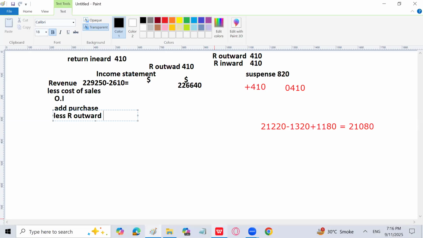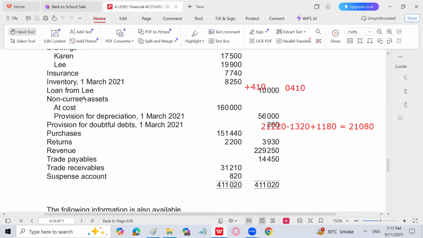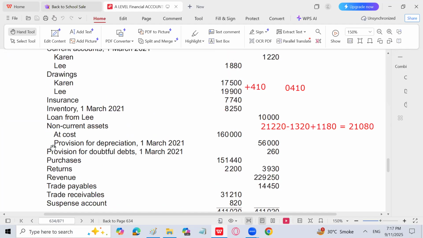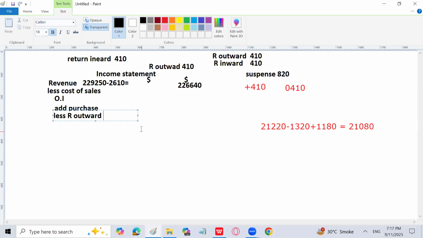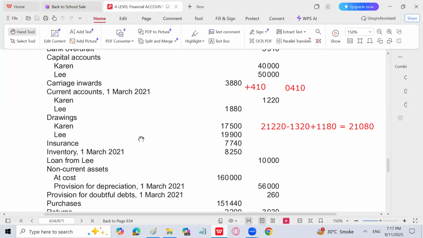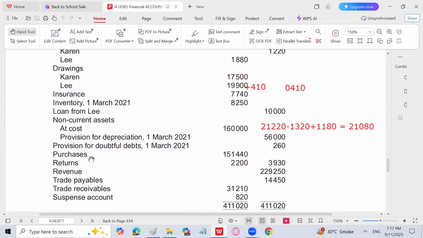Let's see if carriage inward is given in the question or not. So opening inventory at 1st March is 8250. Carriage inward is given 3880. But let me write first opening inventory 8250. Add purchases. Let's find out where the purchases are given. Here they are. Purchases 151440.